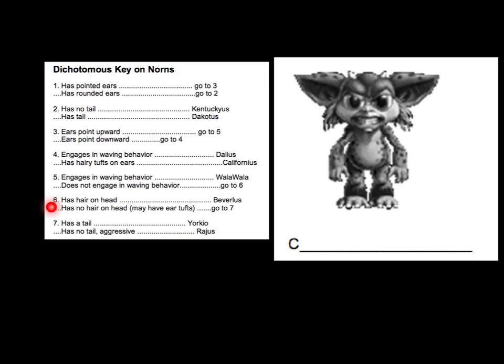Has hair on head, does not have hair on head but may have ear tufts. They have tufts. Okay, so then go to 7. Has a tail, has no tail. It looks aggressive. So this one's name is? Ragus.